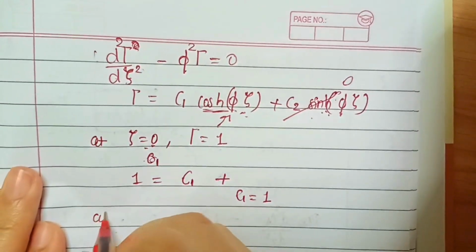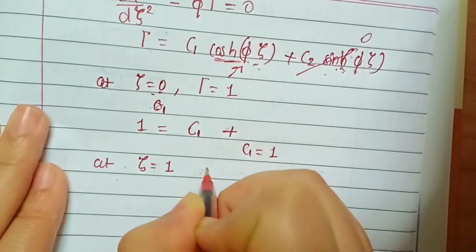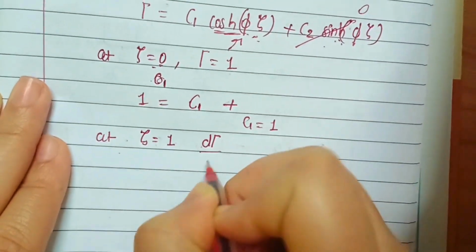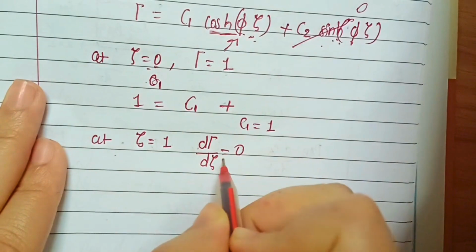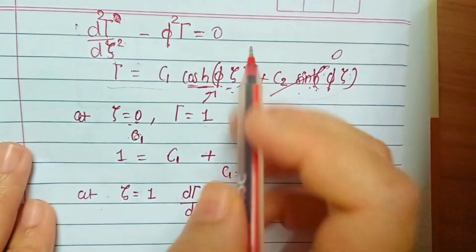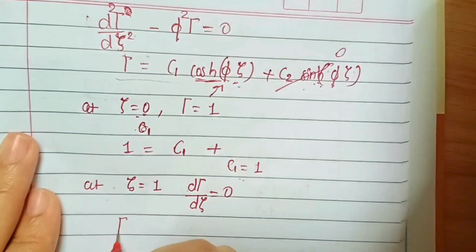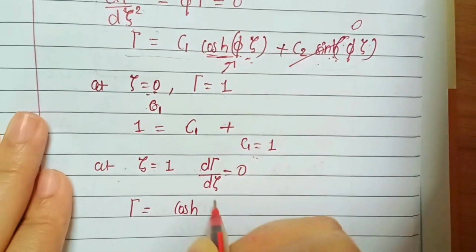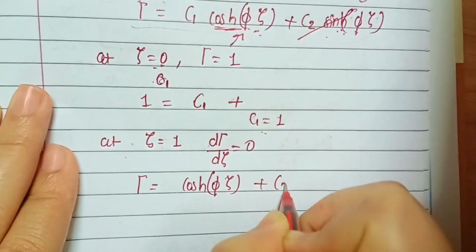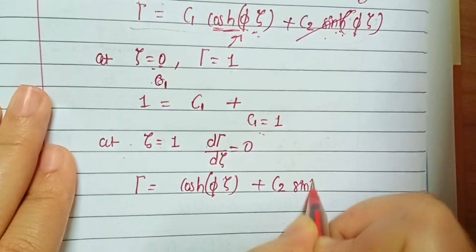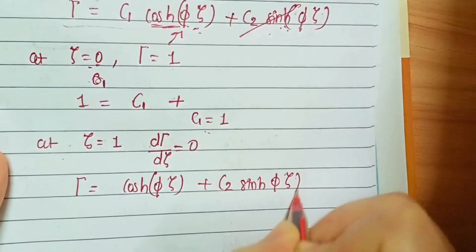The next boundary condition is at zeta equals 1, d gamma upon d zeta equals 0. So we need to take the differentiation of this equation. We can write this equation after putting the value of C1: gamma equals cosh(phi zeta) plus C2 into sinh(phi zeta).